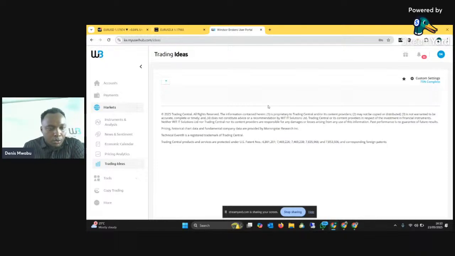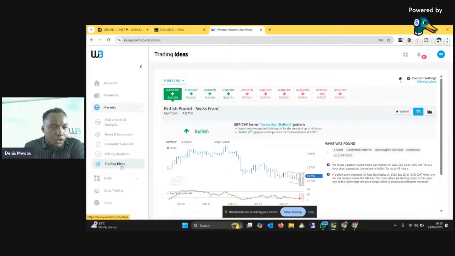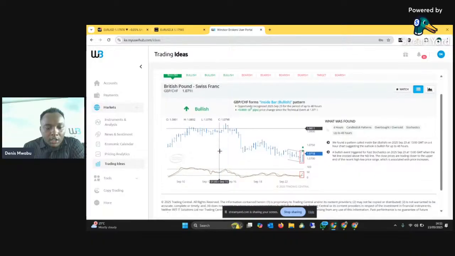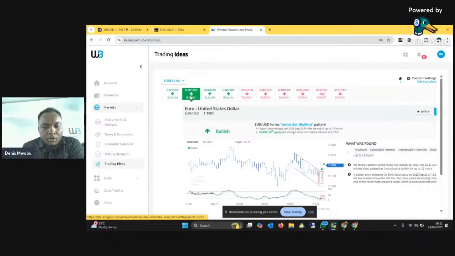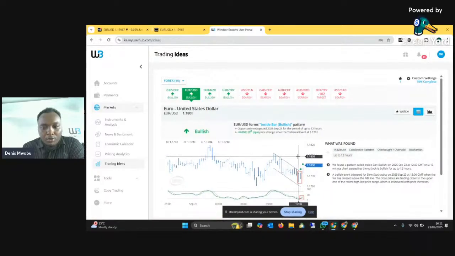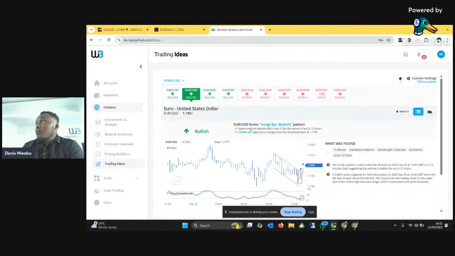All right, so the tool that we're using is what we call the Trade Ideas Auto Analysis tool. So what does this do? If it's buy, it will give you a buy. If it's sell, it will give you a sell. For example, here on the 15 minutes time frame on Euro USD, it is telling us we have an inside bar.